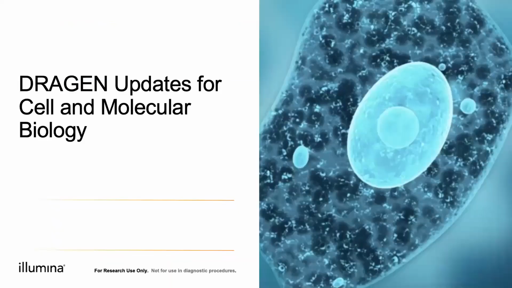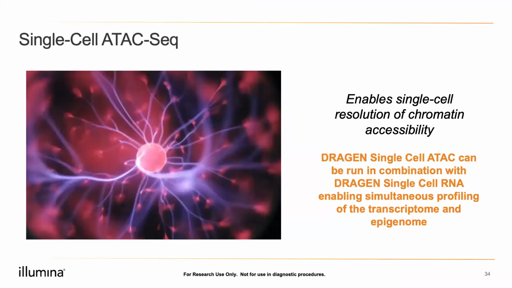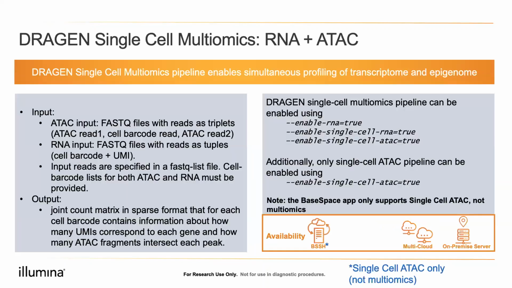Moving on to DRAGEN updates for cell and molecular biology. We have a new pipeline with single-cell ATAC-seq, which enables single-cell resolution of chromatin accessibility. DRAGEN single-cell ATAC can be run now in combination with DRAGEN single-cell RNA, enabling simultaneous profiling of the transcriptome and epigenome.